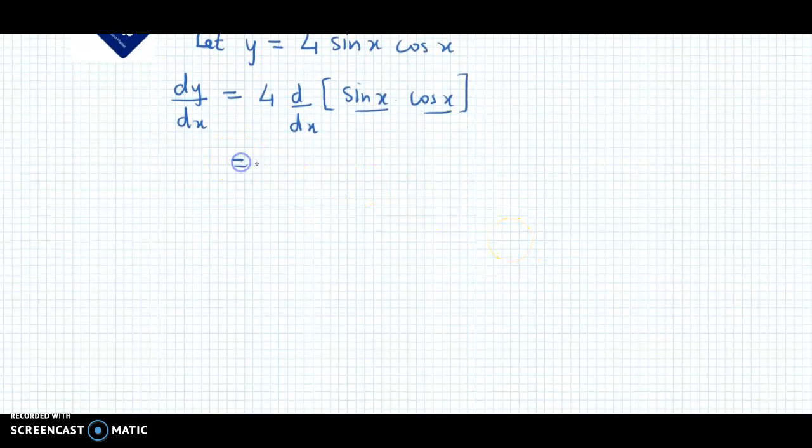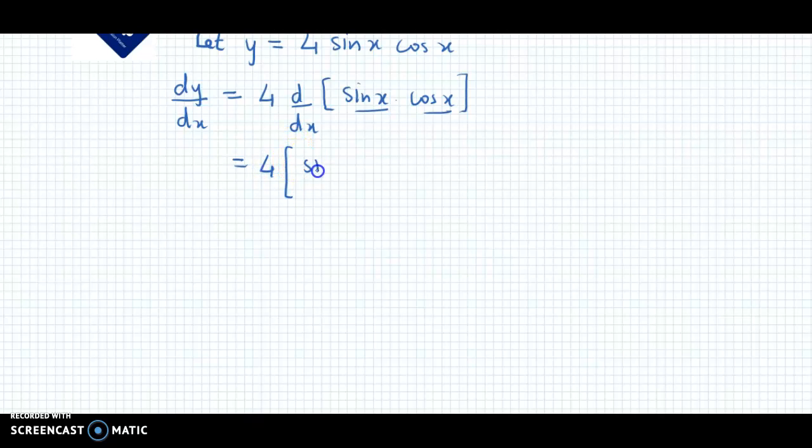So we obtain 4 times, we have sin x into the derivative of cos x plus cos x into the derivative of sin x.